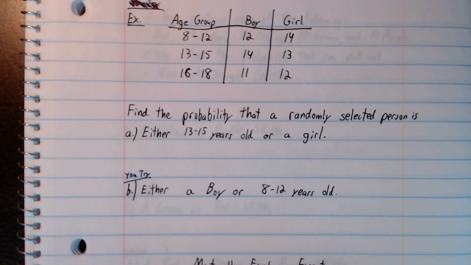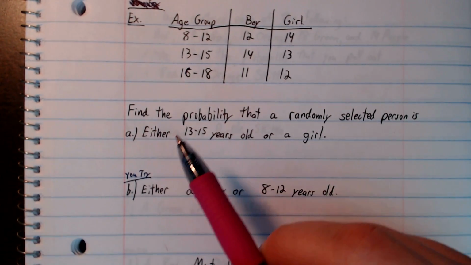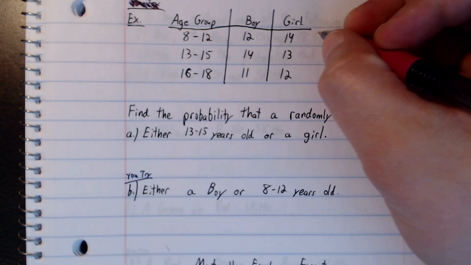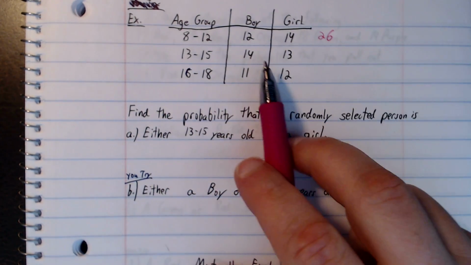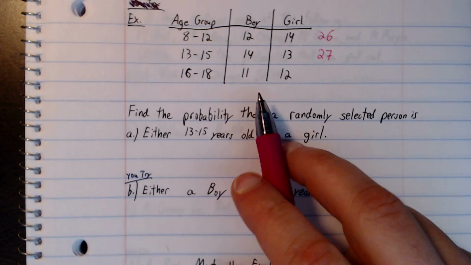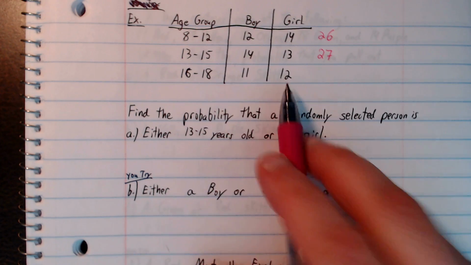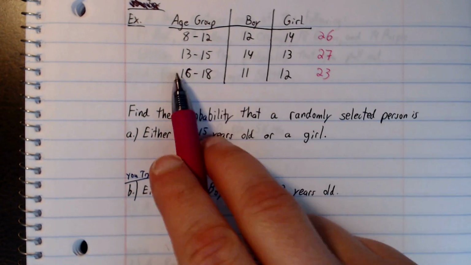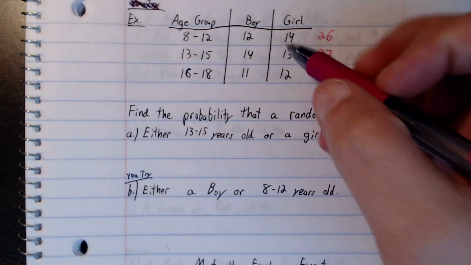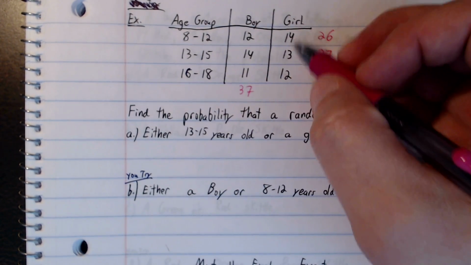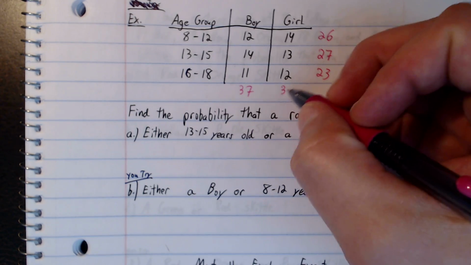Using a calculator, you can add these together, or you can do it in your head, whatever. 12 plus 14 would give us 26. 14 plus 13 would give us 27. And 11 plus 12 would be 23. These are the totals going this way for the age groups, going straight down. 6, 7, 37, 7, 8, 9, 39.